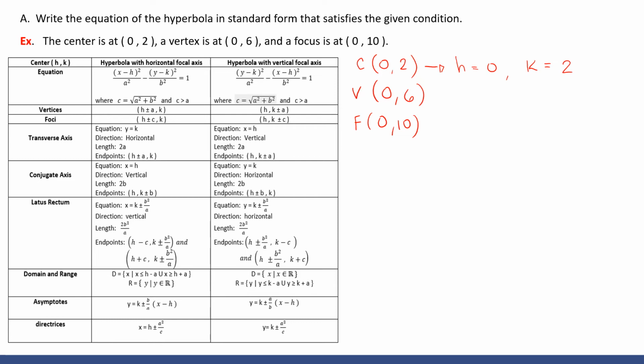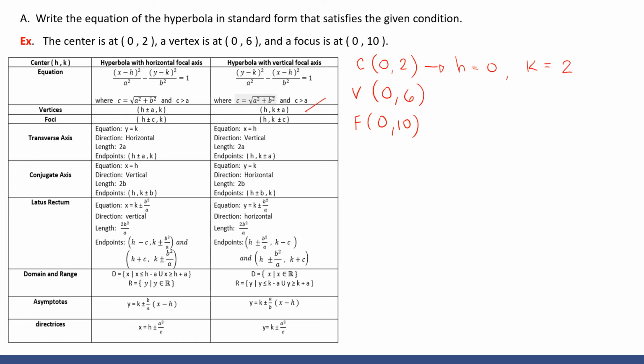Right? And if you look at the pattern, which one has a vertex or vertices where H is the first coordinate? Well, it is a hyperbola with a vertical focal axis.